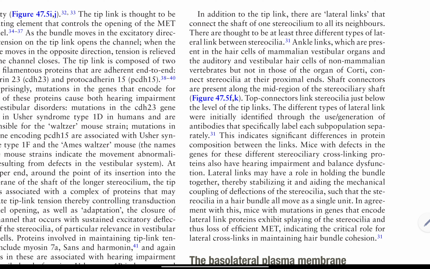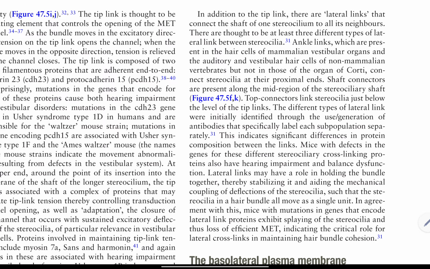Mice with defects in the genes for these different stereociliary cross linking proteins also have hearing impairment and balance dysfunction. Lateral links may have a role in holding the bundle together, thereby stabilizing it and aiding the mechanical coupling of deflections of the stereocilia, such that the stereocilia in a hair bundle all move as a single unit.